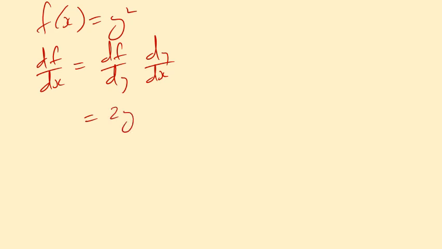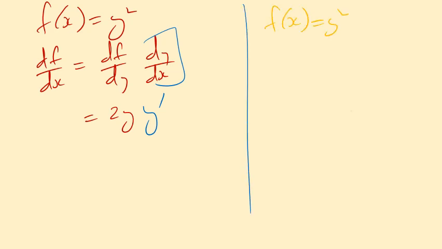And dy dx, what do we write that as? It's y prime. So a lot of students are going to write the following, and I'm telling you this now. F of x is y squared, and they're going to say df dx is 2y. That is incorrect. You've got to have the y prime there, and you can see why from the chain rule.